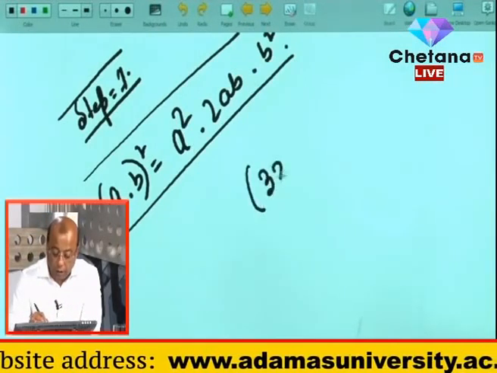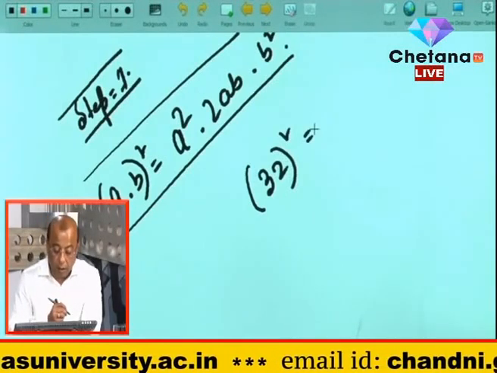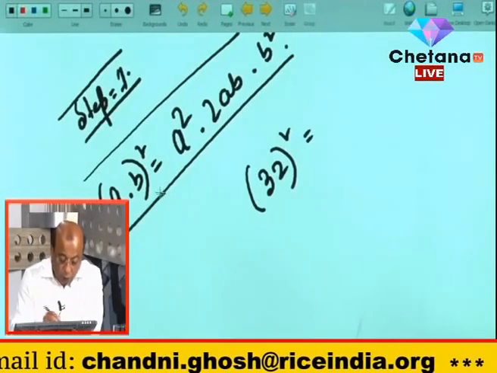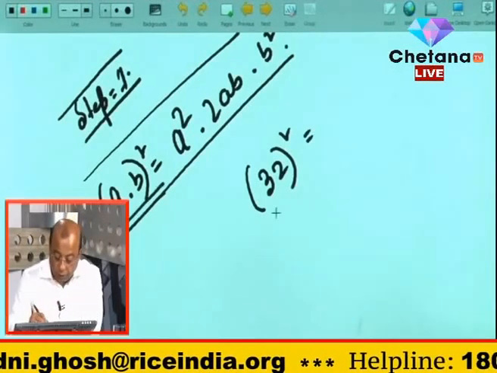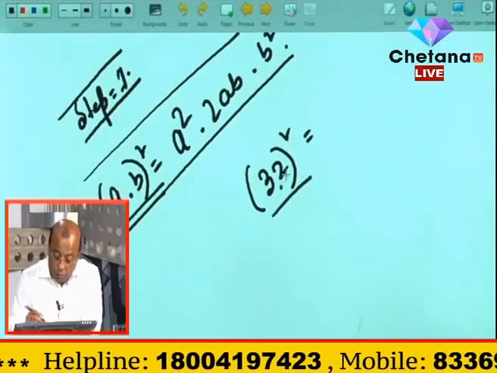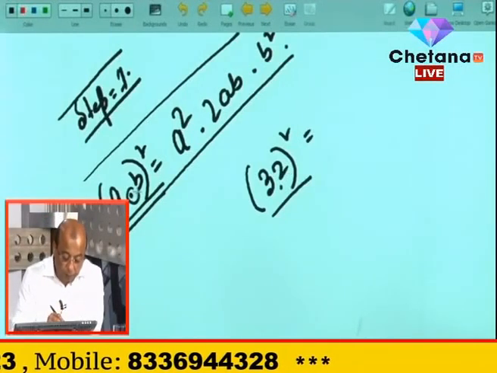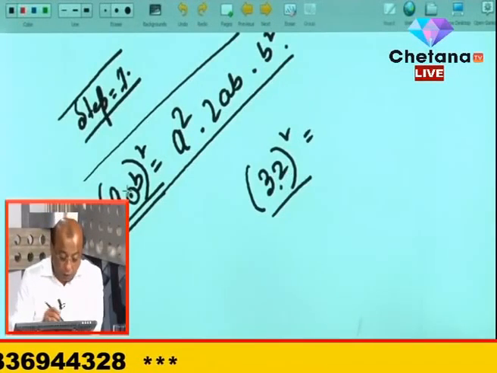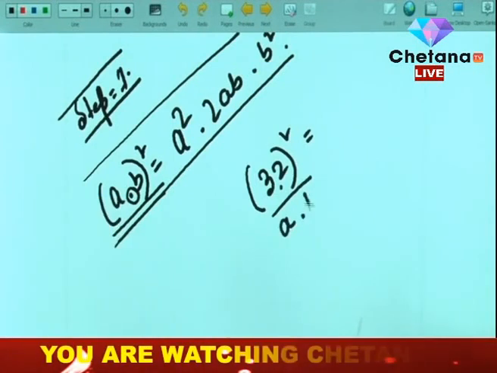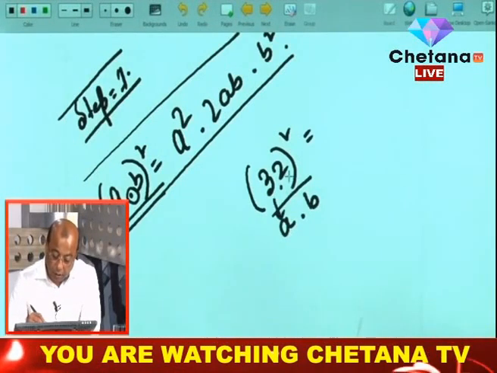Now 32 whole square. Try to remember, try to draw the similarity between this portion and this portion. We can put one dot here like this. Now this number is like a dot b. Clear? This is a, this is b.